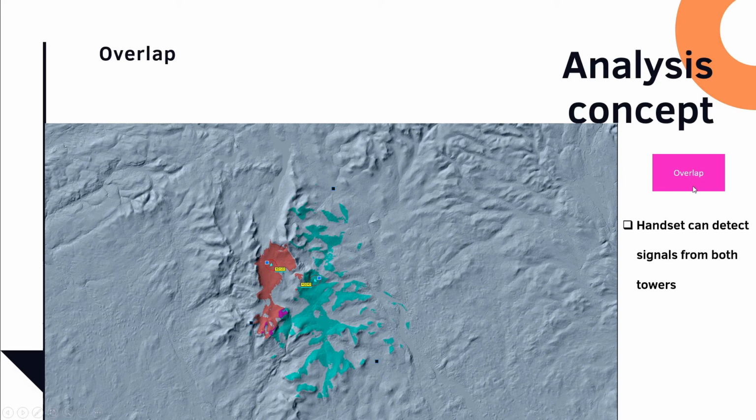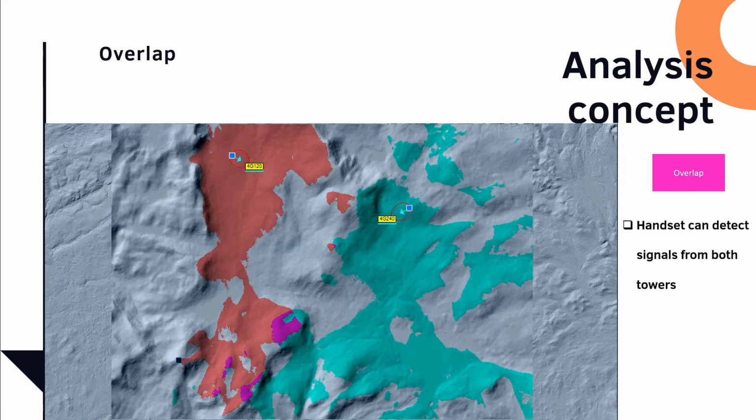Now the pink means overlap, so a handset can detect signals from both towers. This is a zoom in. So this is telling me that if someone is being served by these 2 cells concurrently, they can switch back and forth. Very likely they are located in this area here, because that's the only area where you could get reception from both cells.